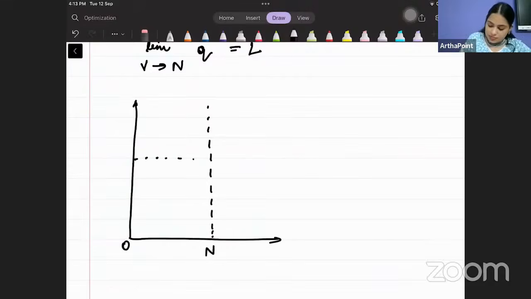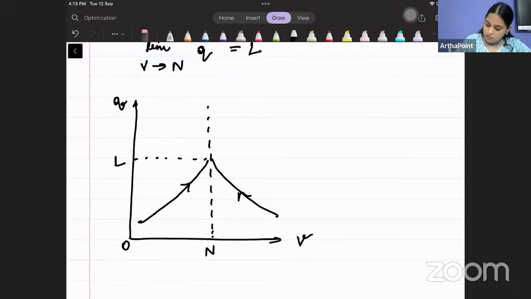Here I have L. Beta, this is Q. This is V. Now look at the curve. This is my curve. Now what I have done is something very, very interesting. See here.